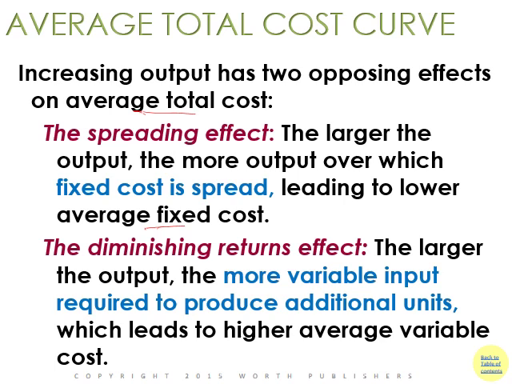So at first, average fixed cost goes down faster than average variable cost is increasing, so that average total cost decreases. And then at some point, average variable cost is going to be increasing faster than average fixed cost is going down. And at that point, your average total cost curve starts to go upward as you expand output.